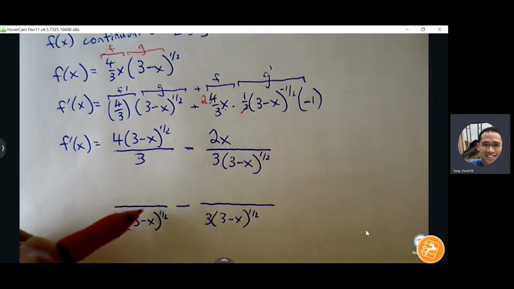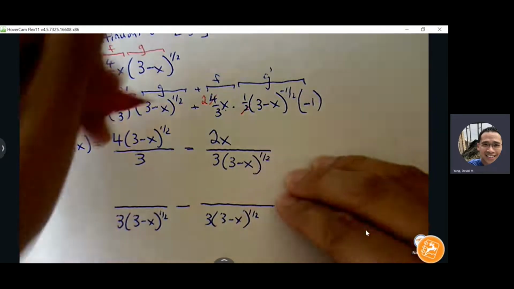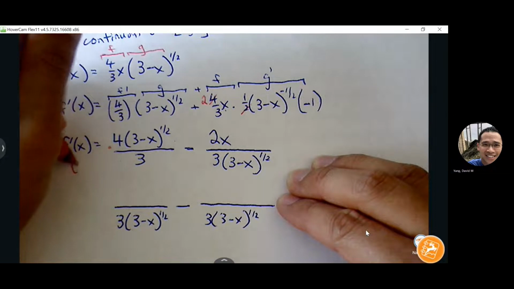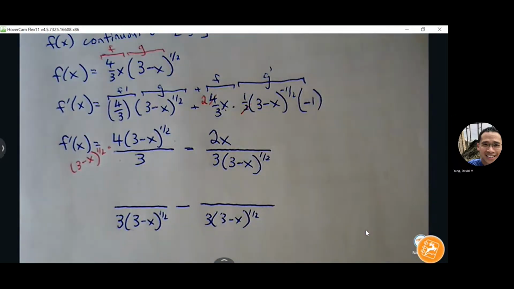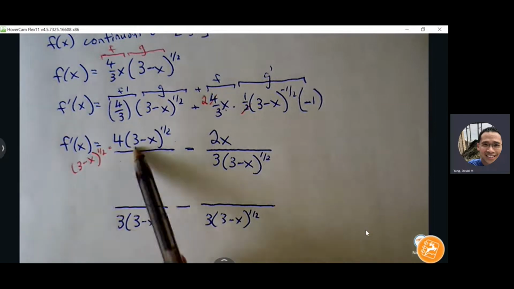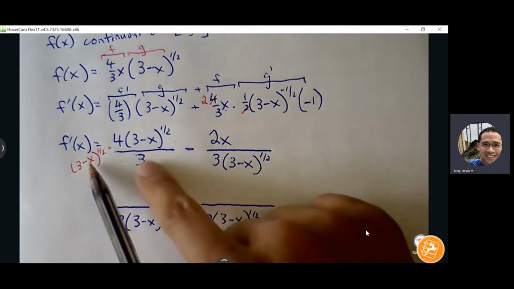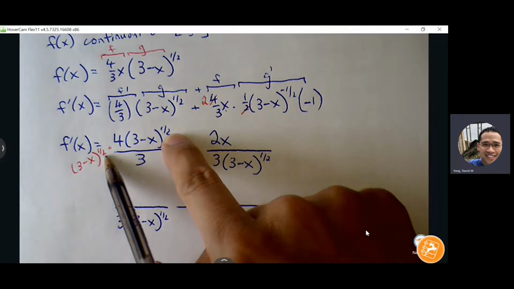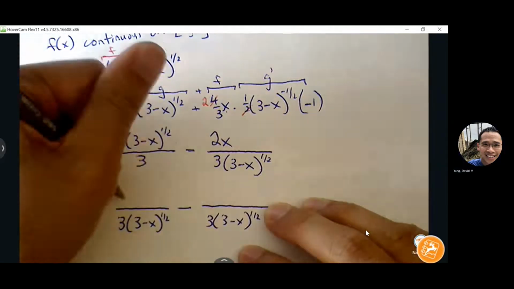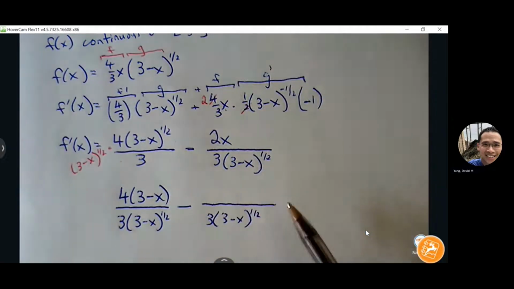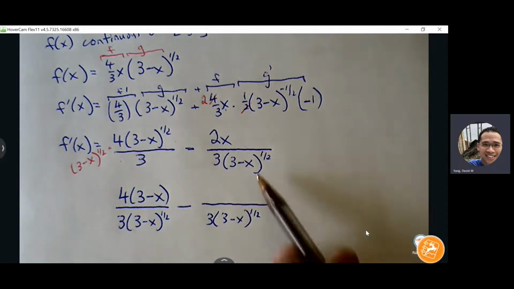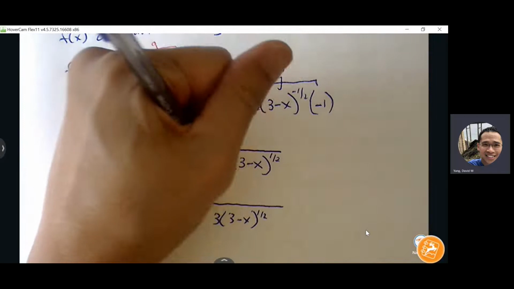This one has additional 3 minus x to 1/2, so I need to balance that with the numerator. If I multiply these together, I'm essentially doing square root times square root, which will leave me with just 3 minus x. Okay, any adjustments here? No adjustments, so it's easy.